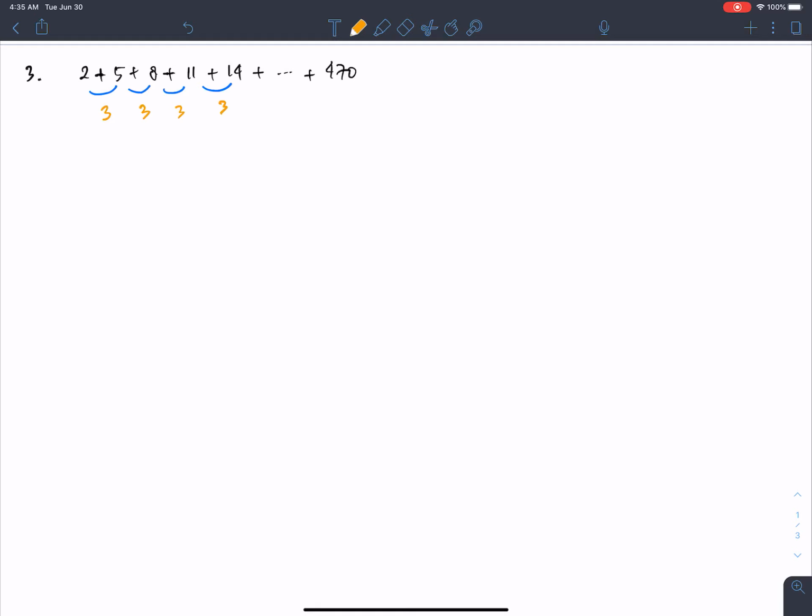To calculate the total of this particular series, after we know the difference, we need to know that 470 is the nth term for what number. What term is 470?